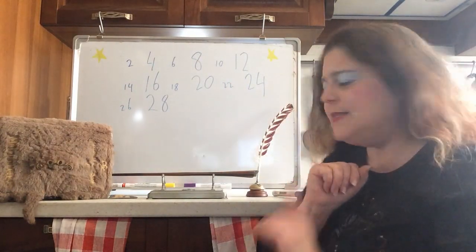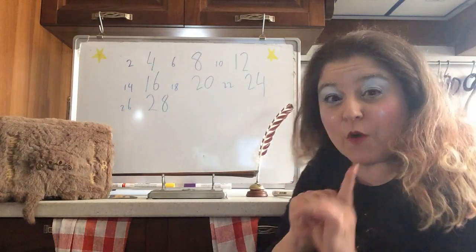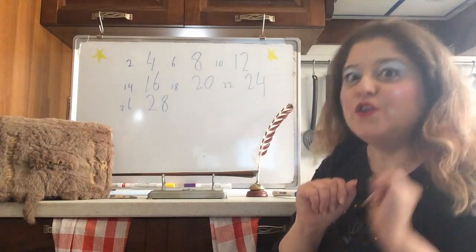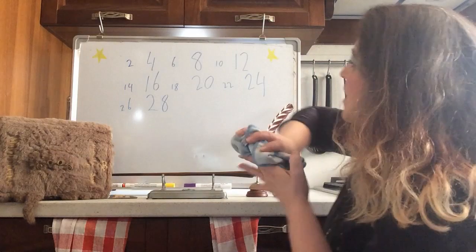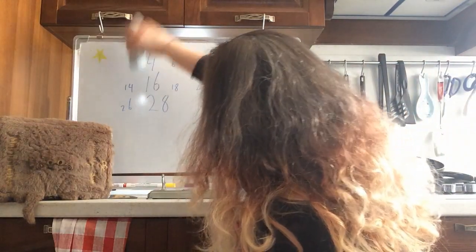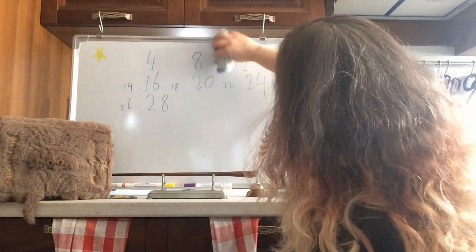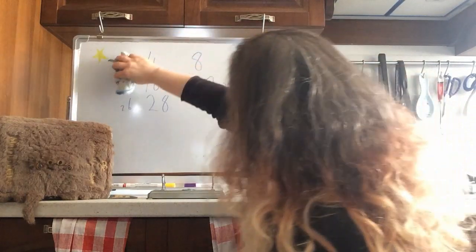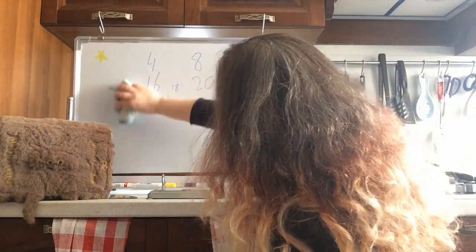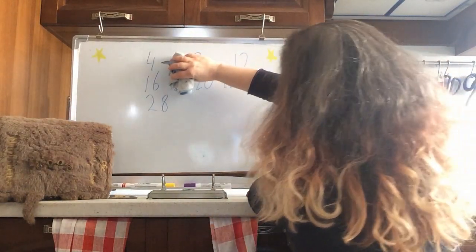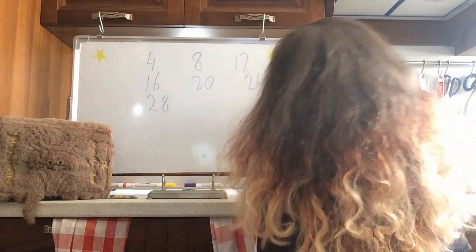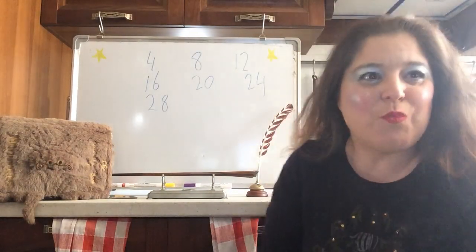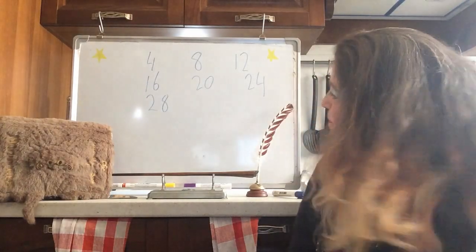So, let us remove all of the numbers that are not multiples of 4. 2, 6, there we are, off they go. All of the numbers that are not multiples of 4, we rub out. And that is what we have left.